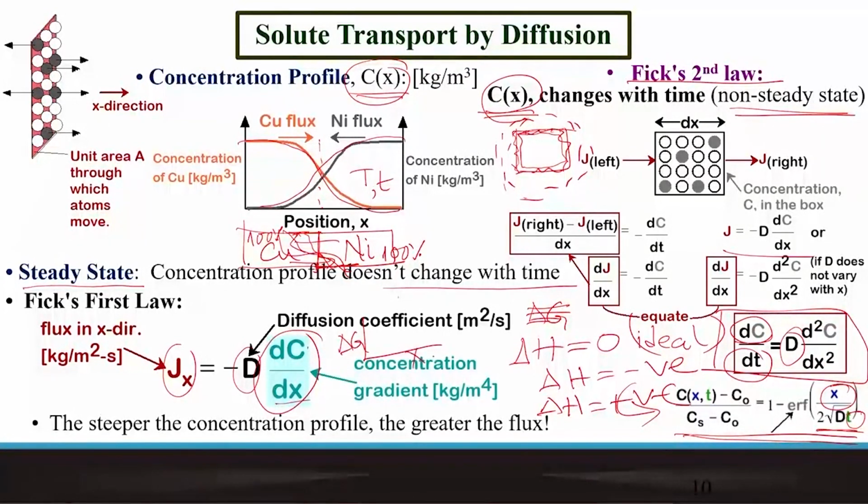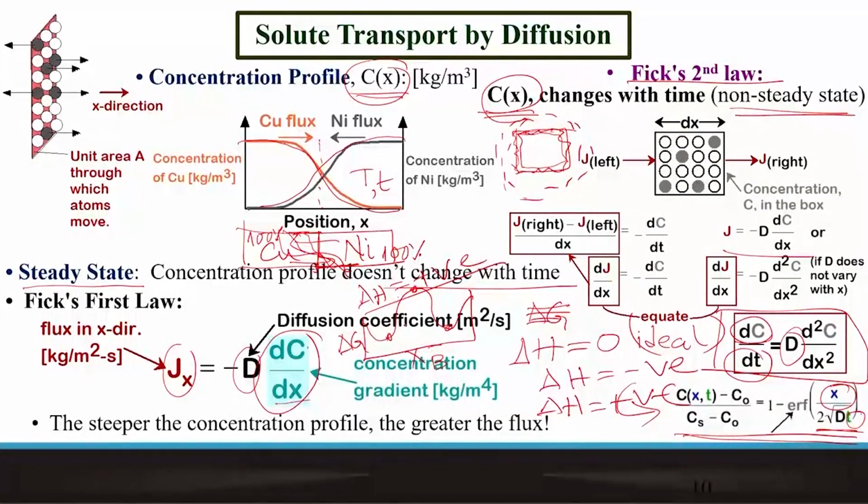Gibbs energy variation as a function of composition, which shows sort of the immiscibility dome, which is purely because of delta H being positive. In such cases, diffusion in the immiscibility zone may appear to be occurring up the concentration gradient, which is typically called uphill diffusion.